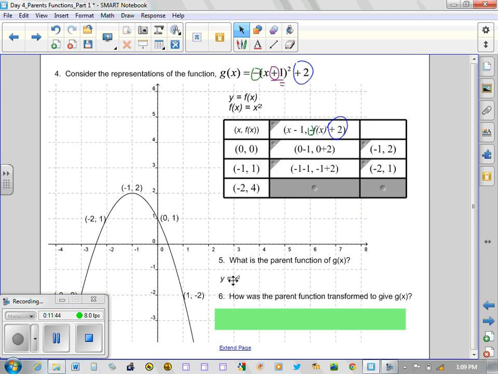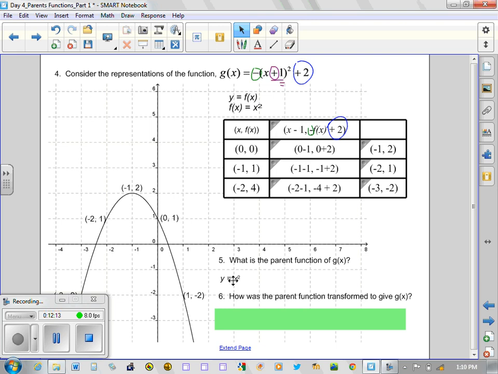And last but not least, by substituting the coordinates -2 and 4, we'll produce a new mapping. So (-2, 4) is going to map onto the ordered pair (-3, -2). And of course all of these new ordered pairs do appear on the graph of G, which we have to our left.